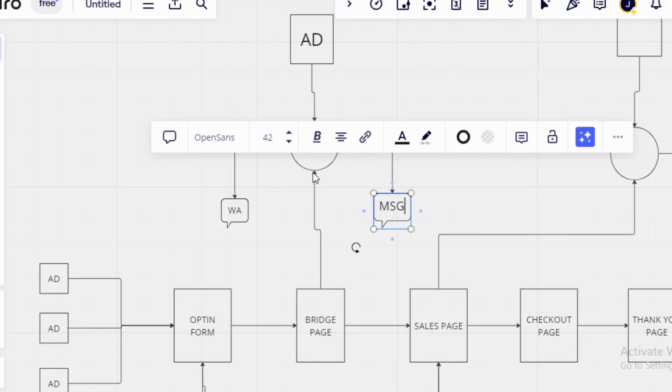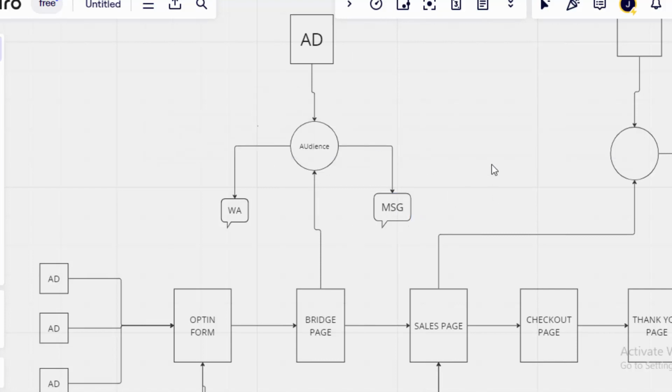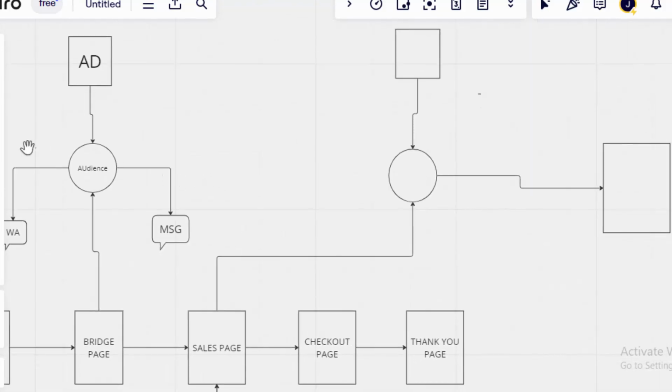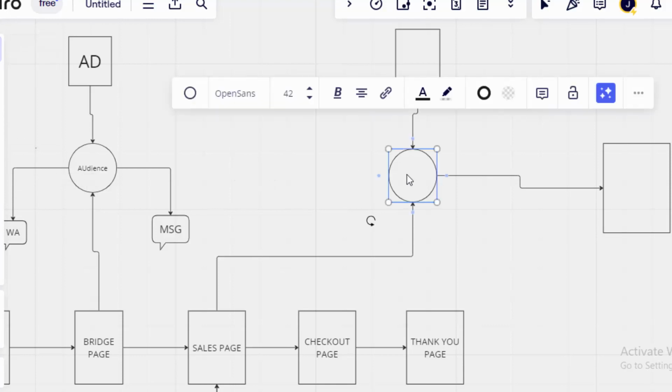So we had this going on for this audience, and of course we also have another pool of audience, people who visited the sales page but didn't buy. Like, what happened? Why didn't you buy? A lot of things can happen why people didn't buy. So we put them into another invisible audience.